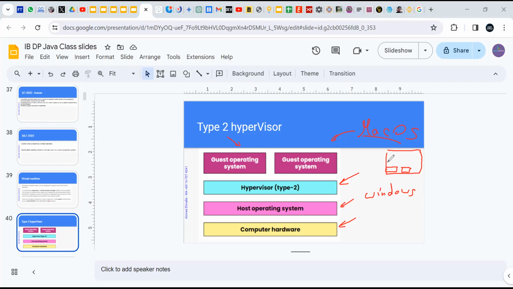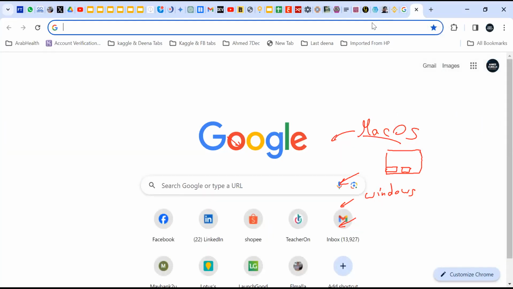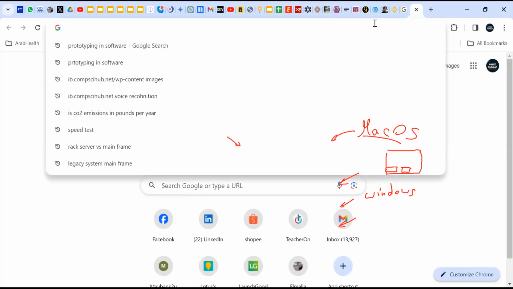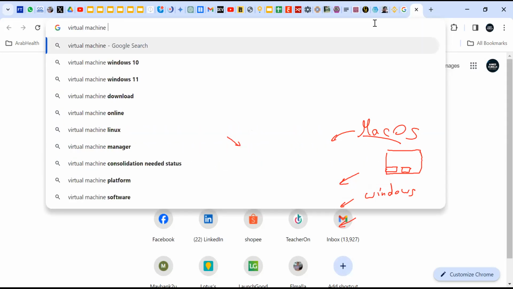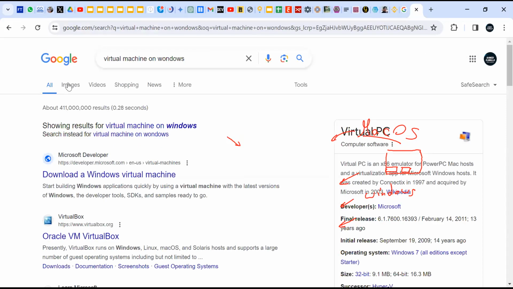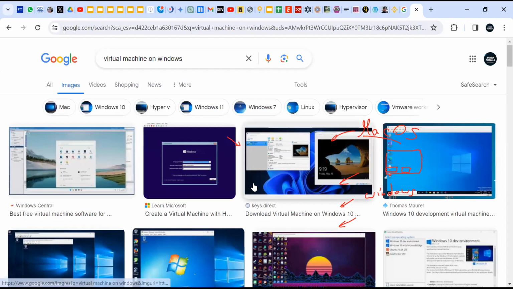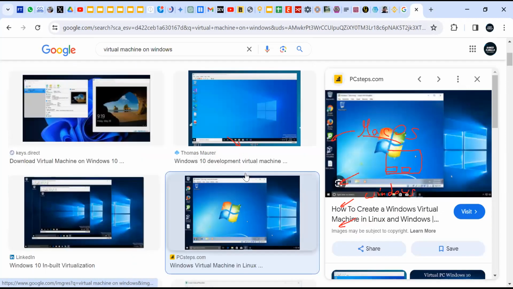Let me try to search. I think I have shared something like that with one of my students before. So I believe it typically looks like this.